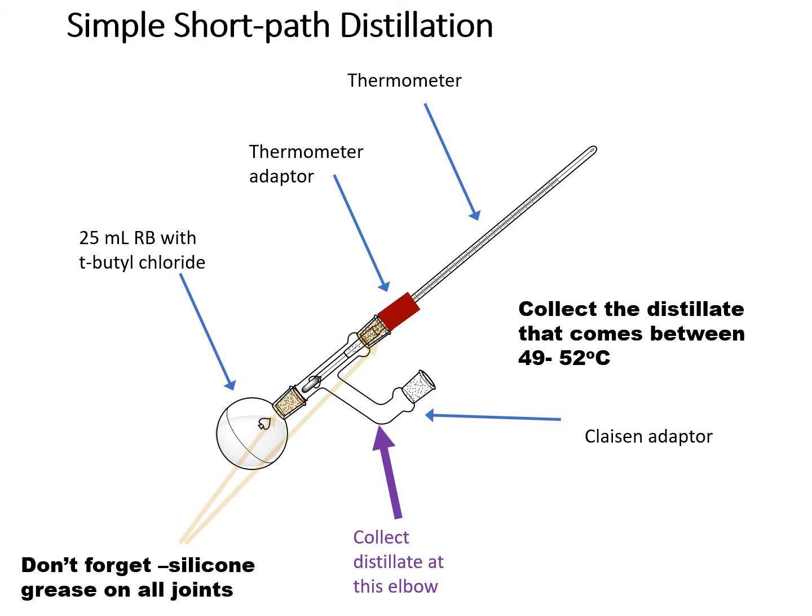We start the heating and the mixture will start boiling, and you will see droplets in the arm of this adapter. Specifically, try to look for distillates at about 49 to 50 degrees Celsius. That's why you need the thermometer when you do this experiment.